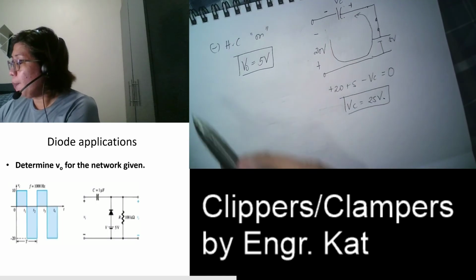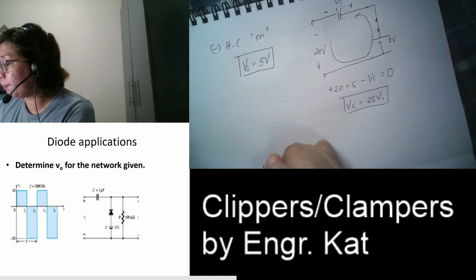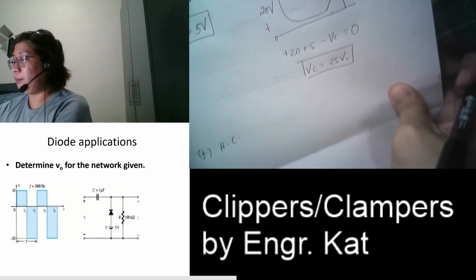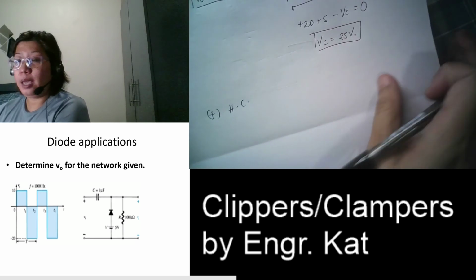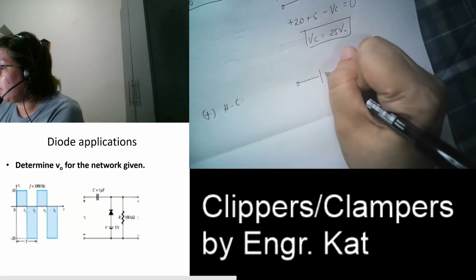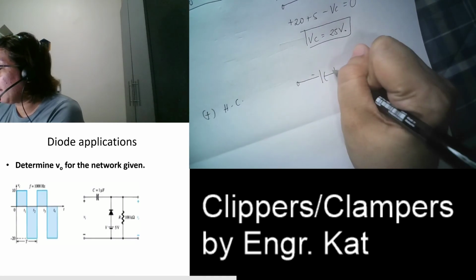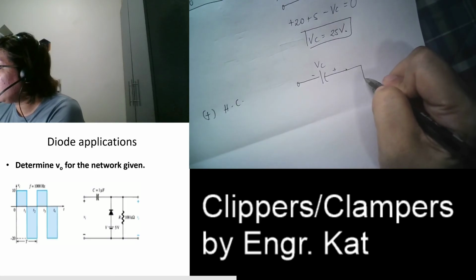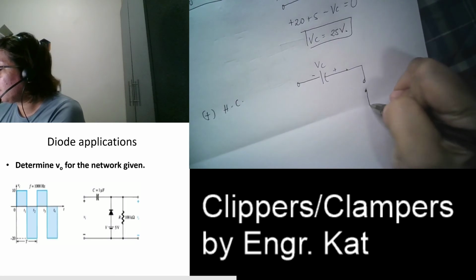Now, during the positive half, what happened? During the positive half, this is still minus plus VC. This is now open.